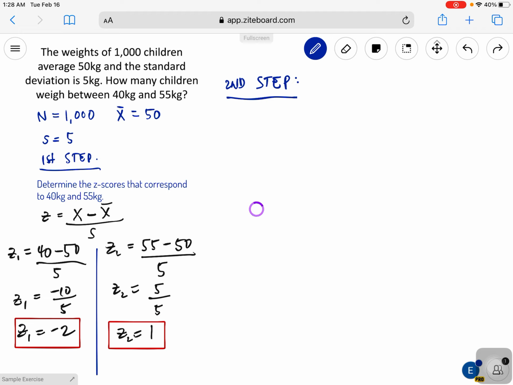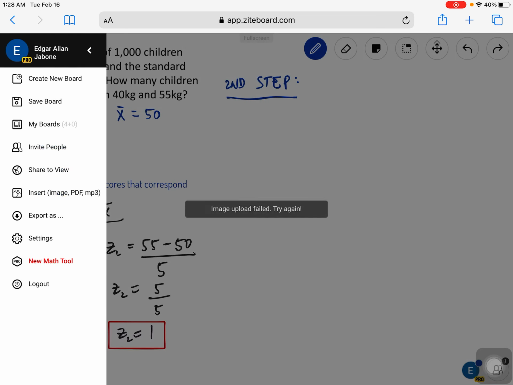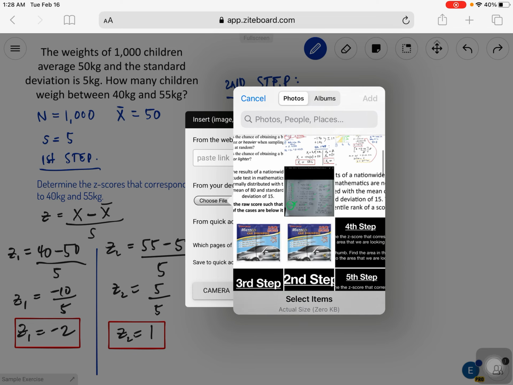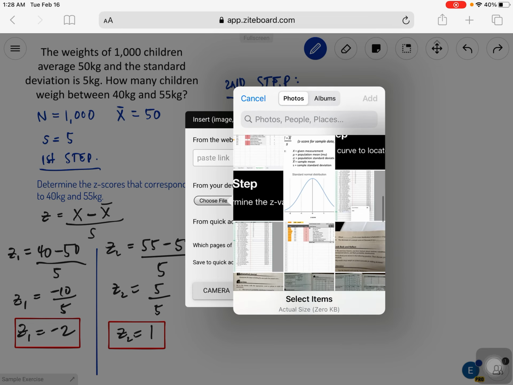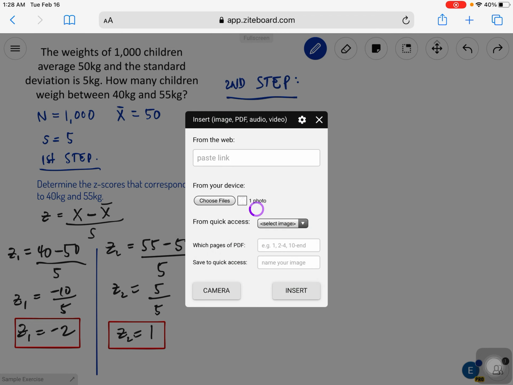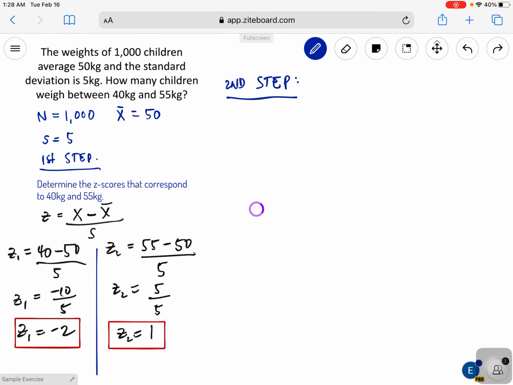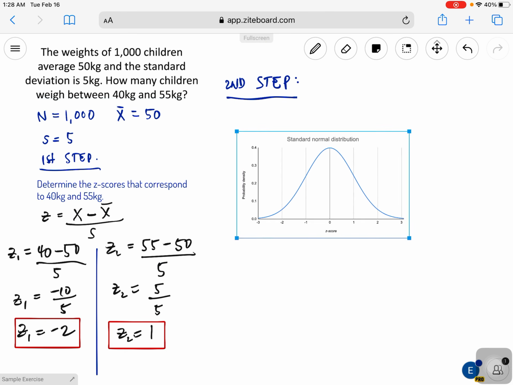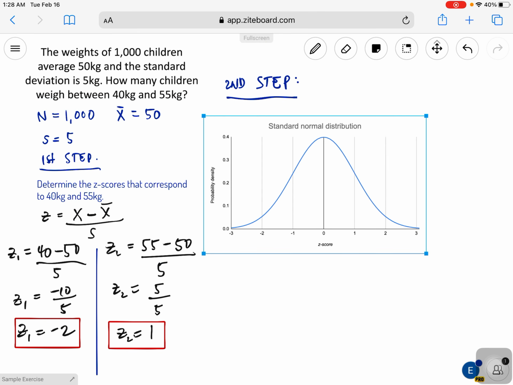So we're going to look at the z table. Let me insert the image again. In the z table, the area that corresponds to z-score negative 2 is 0.4772, and the area that corresponds to 1 is 0.3413.